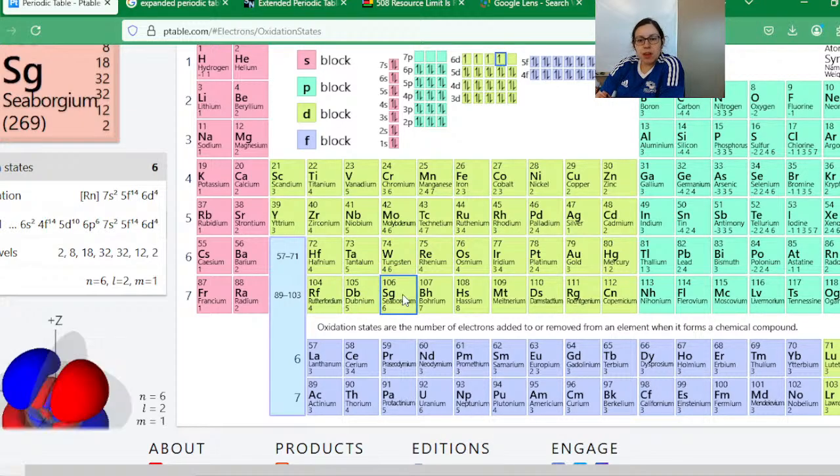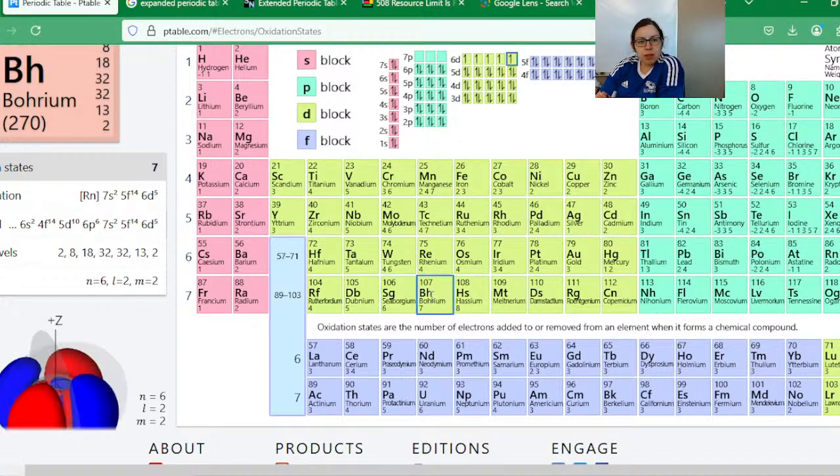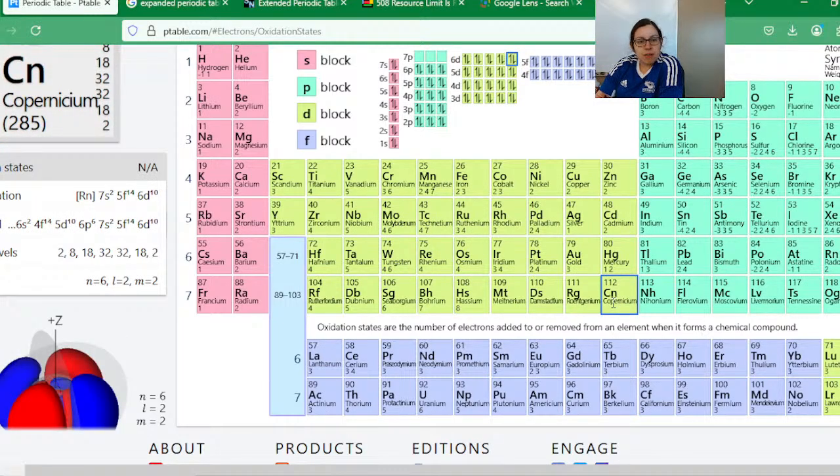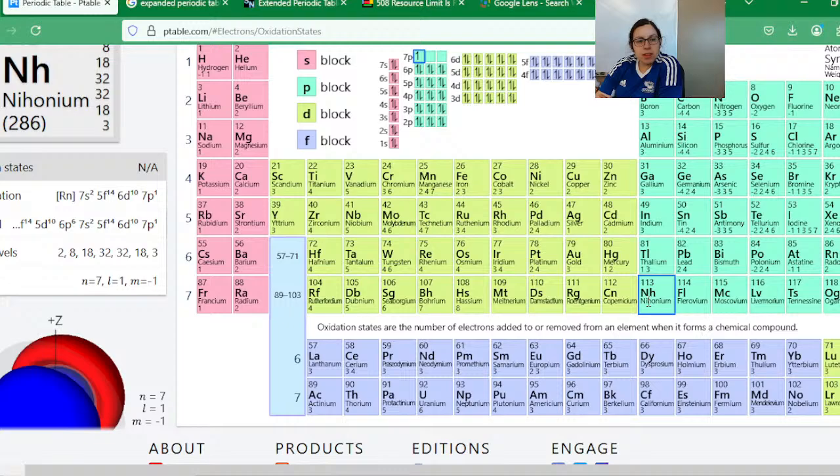So again, they're filling up normally, like we expect, 6d6, 6d10, and then last, certainly not least, right?